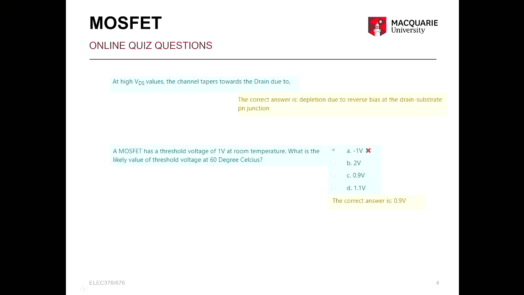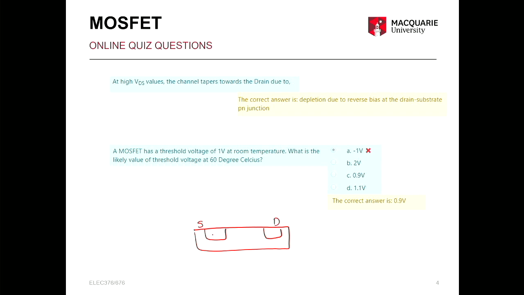One of the questions people made mistakes on was: at high VDS values, the channel tapers towards the drain due to what? Let's go through that again. We have our MOSFET with source and drain.